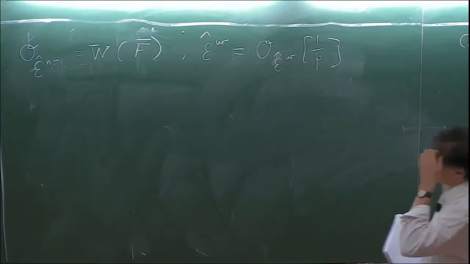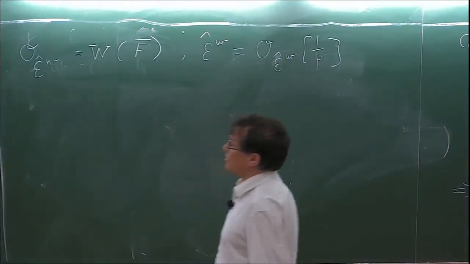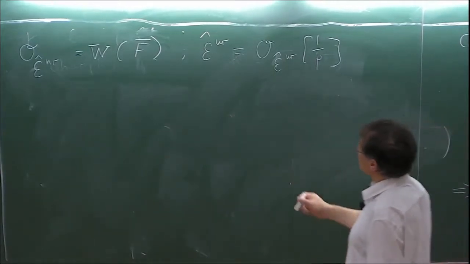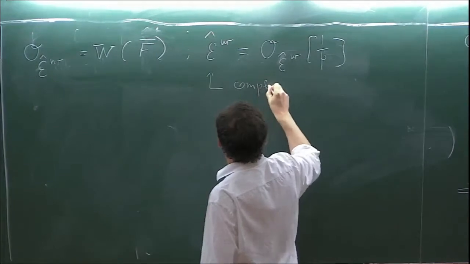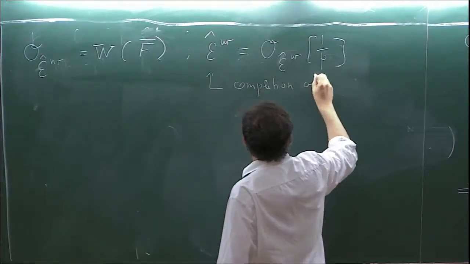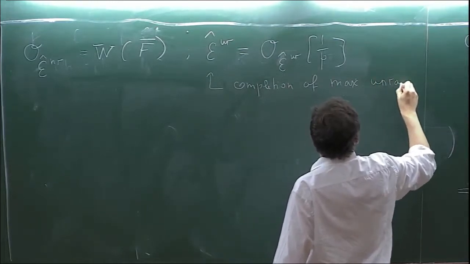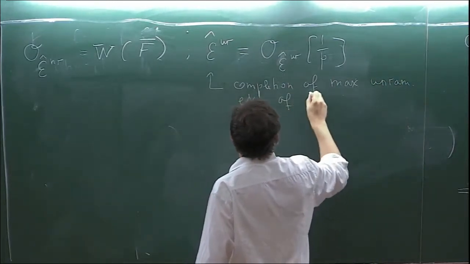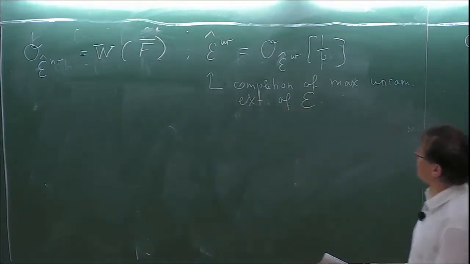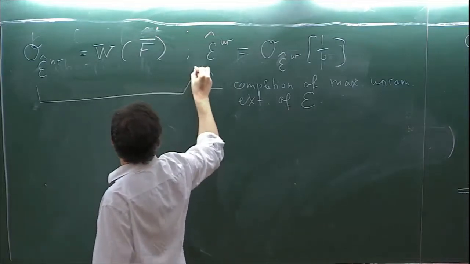Just from the construction, from standard properties of Witt vectors, it follows that this is the completion of a maximal unramified extension of E, and this is its ring of integers.